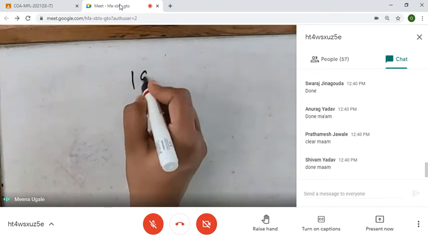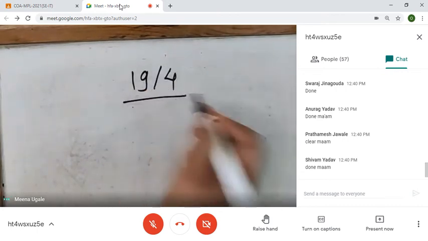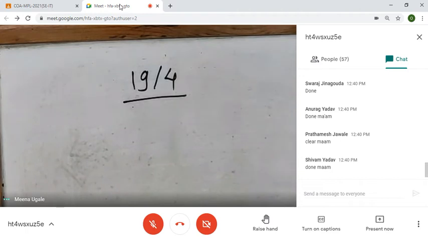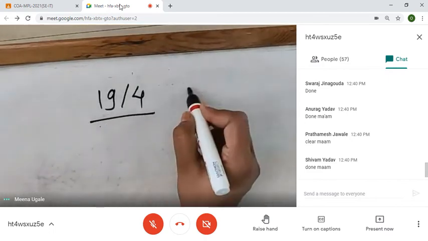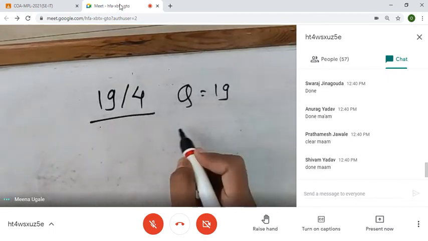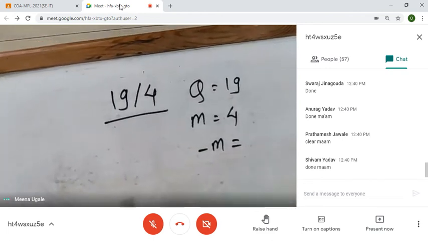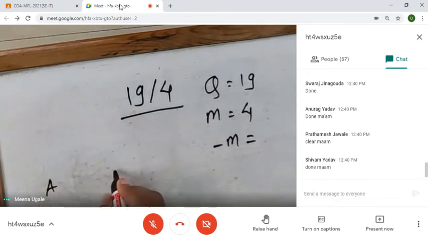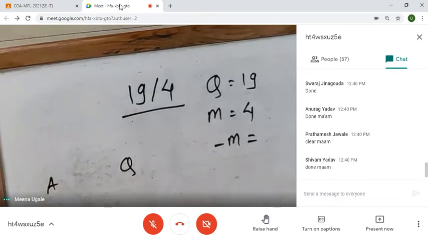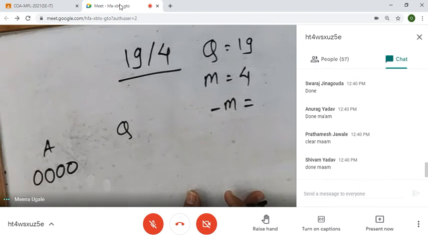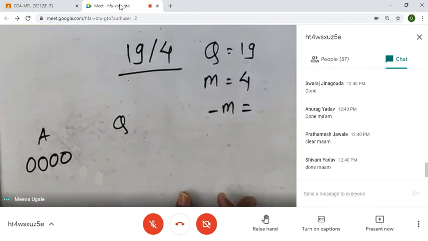Again, this was asked in one of the university papers. In Q take the number 19, in M take 4, and minus M. So first step, A and Q. I'm just writing A and Q. A is 0000 only. Tell me what will Q be? Binary of 19.